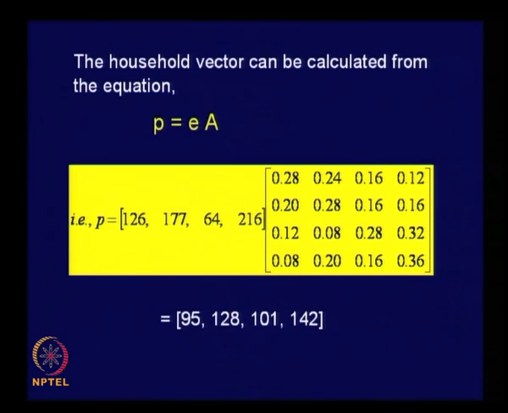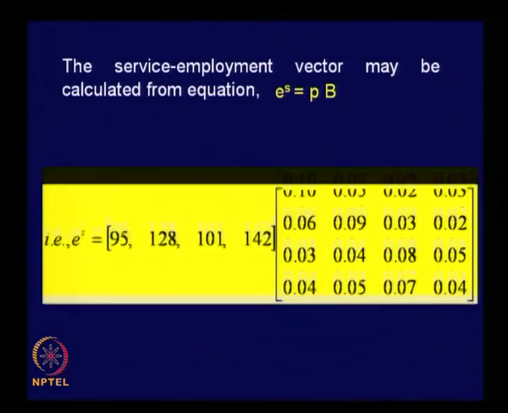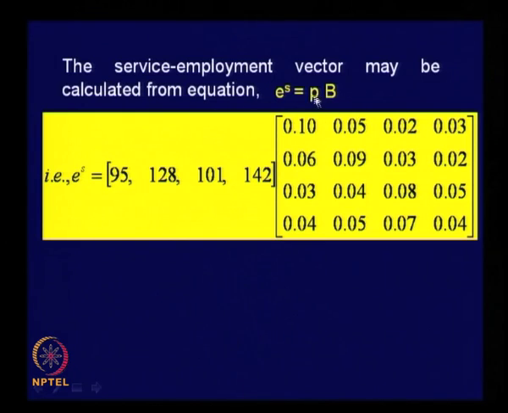Then use the value of P to get the other values. The service employment vector may be calculated from this equation, ES being equal to P into B, and we know the values of P now as well as B is known, and get ES value as P multiplied by B, okay.